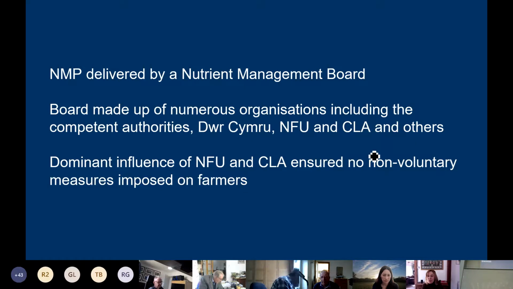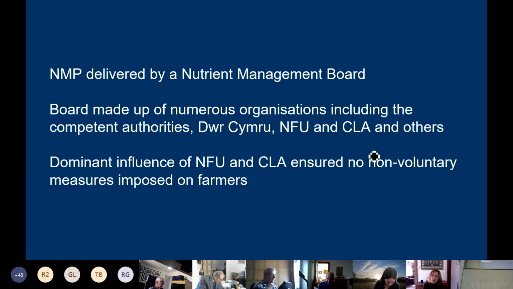So the Nutrient Management Plan has a board which is charged with delivering the measures in the plan, and this is made up of several organisations, including the competent authorities, so the Environment Agency, Natural England, Natural Resources Wales, and the planning authorities that were making the decisions to grant these permissions. Dŵr Cymru is a member. The National Farmers Union and the Country Landowners Association were also members, along with several other organisations, most of which were involved in offering farming advice and distributing catchment sensitive farming grants.